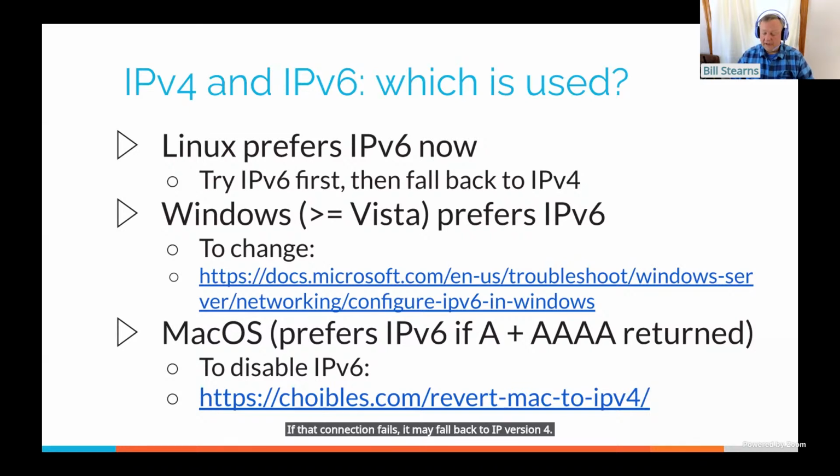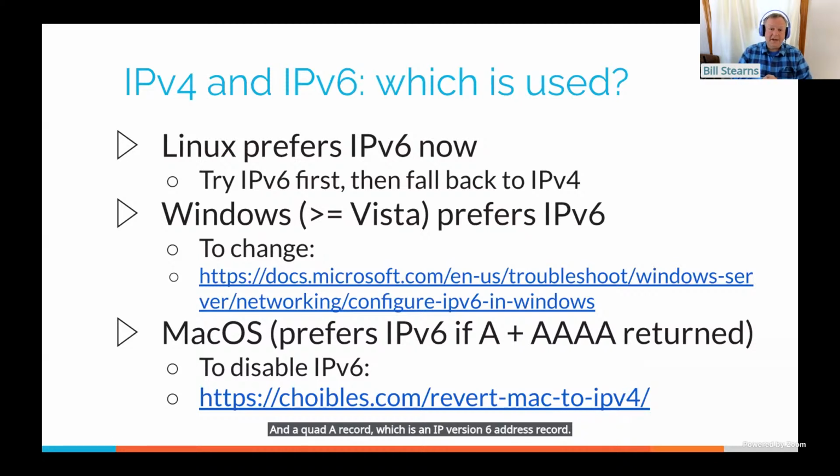Windows, everything from Vista on, prefers IP version 6 as well. There's a doc on Microsoft's site on how to turn that back to just 4 if you need to. And Mac OS also prefers IP version 6 if the system to which it's talking has both an A record, an IP version 4 address record, and a quad A record, which is an IP version 6 address record.